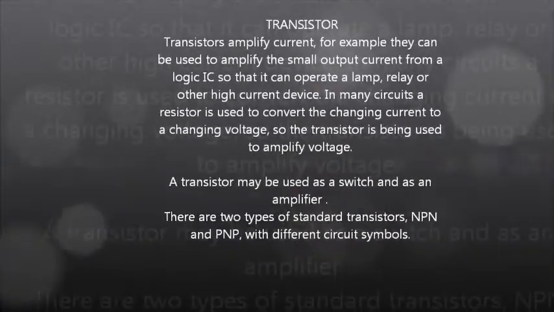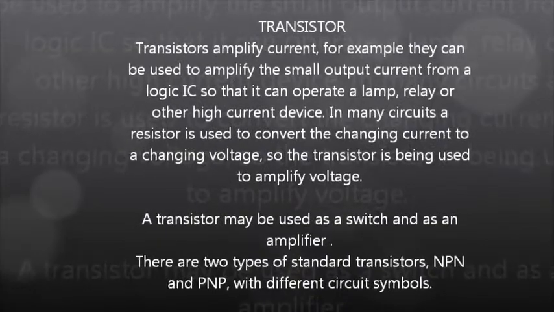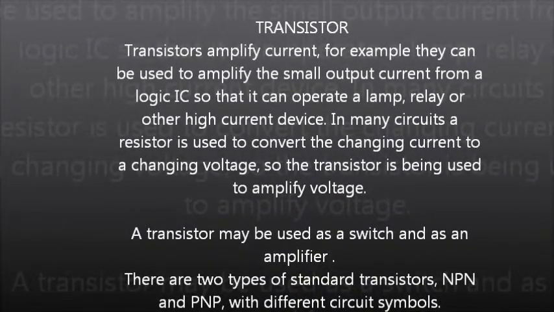Transistor. Transistors amplify current. For example, they can be used to amplify the small output current from a logic chip so that it can operate a lamp, relay, or other high current device. In many circuits, a resistor is used to convert the changing current to a changing voltage, so the transistor is being used to amplify voltage.